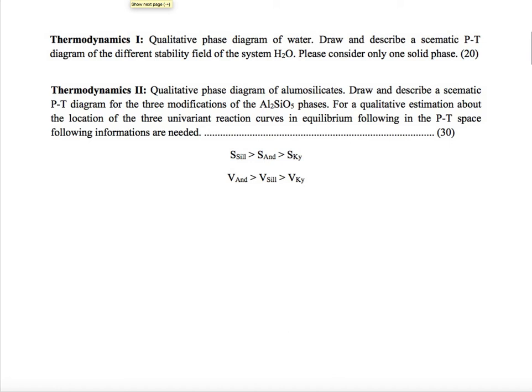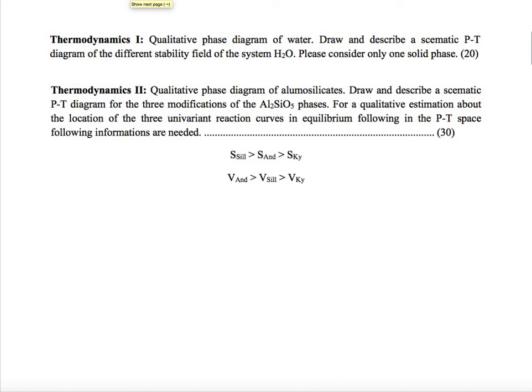Please consider only one solid phase. You should also add the changes in entropy: which phase has the highest entropy, which phase has the lowest entropy. And you should also write down which phase has the lowest volume and which phase has the biggest volume. That is not that difficult, but just for understanding.